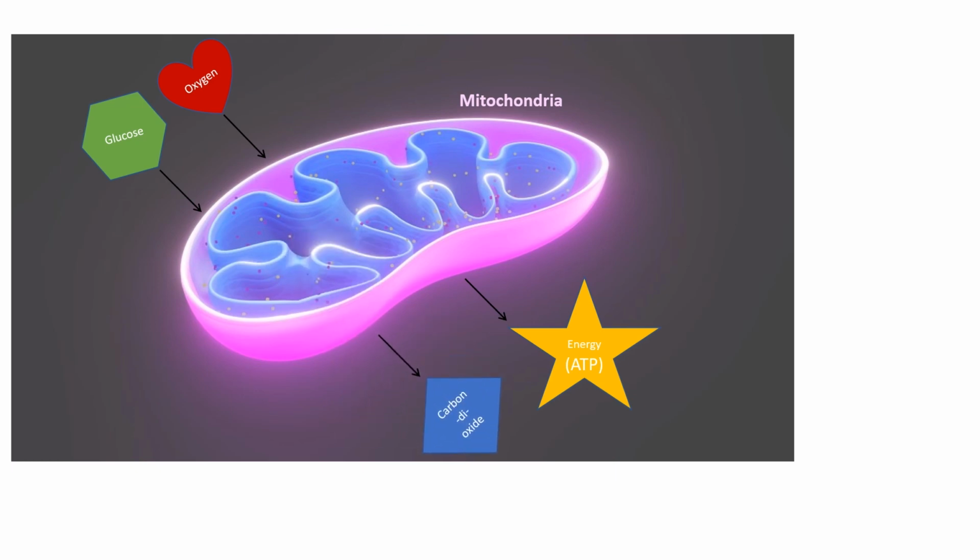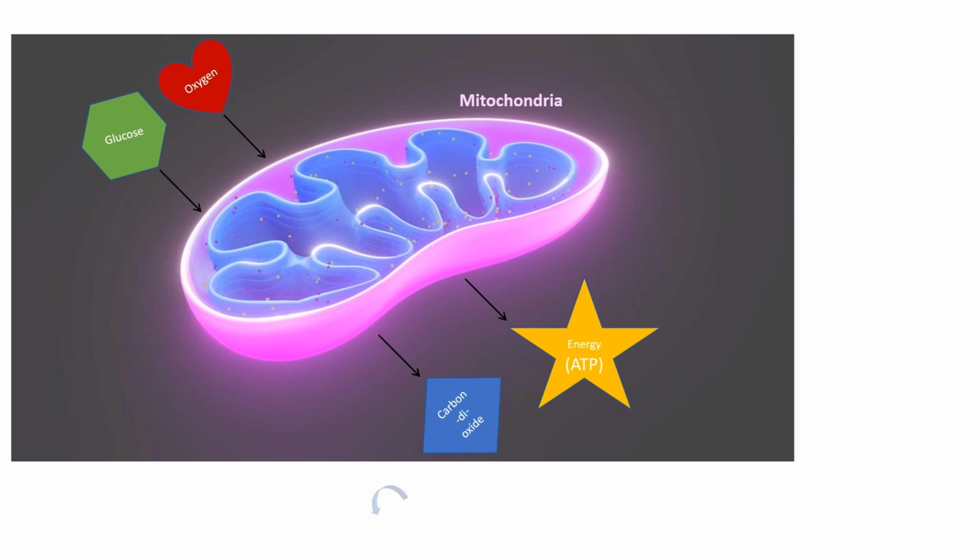What happens when so much carbon dioxide gets produced? The mitochondria produces energy based on the activity that we do. So if we are running, swimming, plowing the snow or doing any strenuous activities, the mitochondria produces a large amount of energy. When it produces large amounts of energy, it also produces large amounts of carbon dioxide.